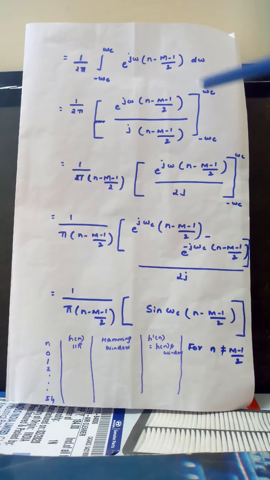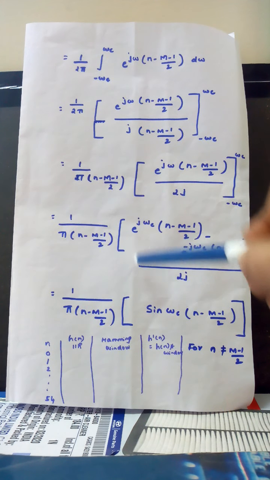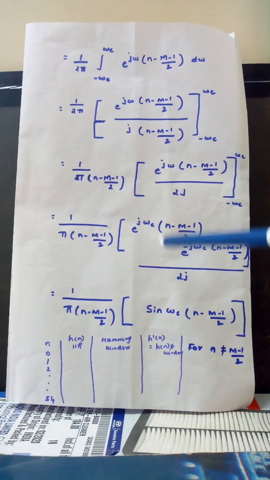Substituting the upper limit and the lower limit, we get this term, correct? Here I take n minus m minus 1 by 2 outside and bring this 2 inside. This is nothing but e to the power j theta minus e to the power minus j theta divided by 2j, that is sin theta, correct?